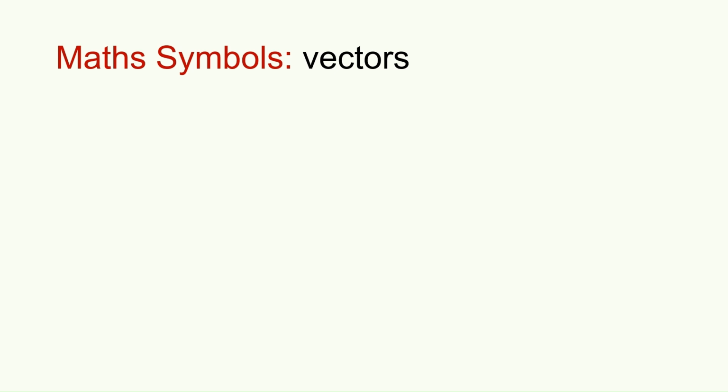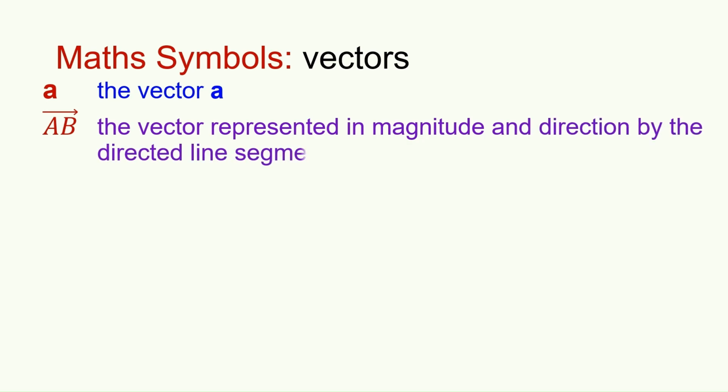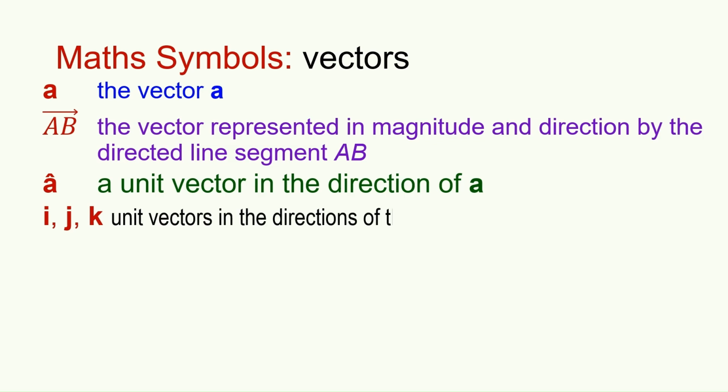Math symbols used in vector study. Bold a: the vector a. AB with right arrow: the vector represented in magnitude and direction by the directed line segment AB. a hat: a unit vector in the direction of a. i, j, k: unit vectors in the directions of the Cartesian coordinate axes x, y, z.